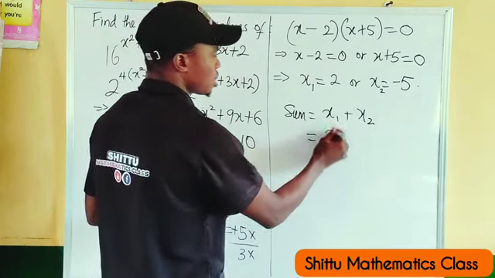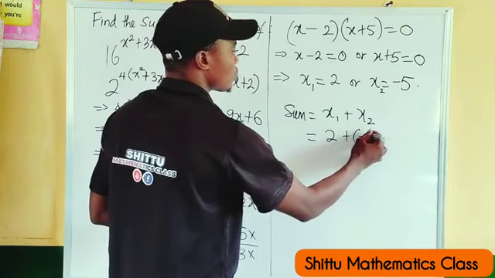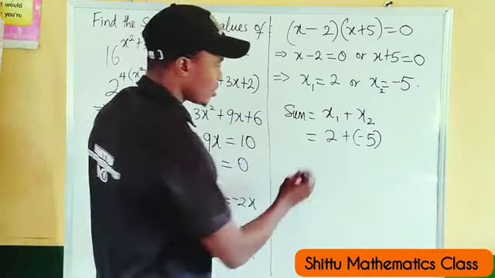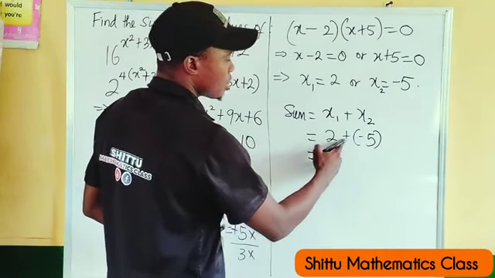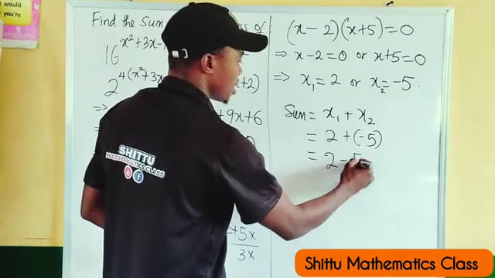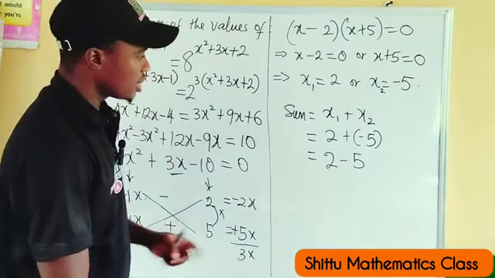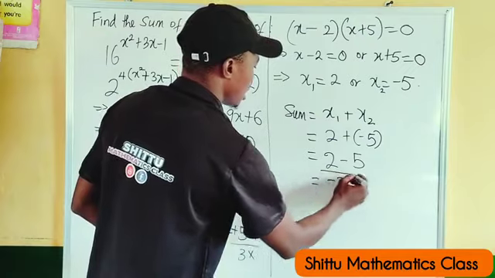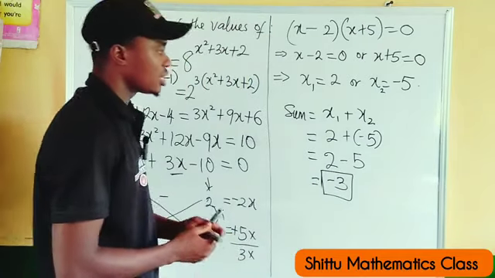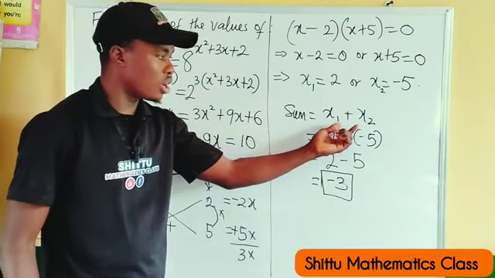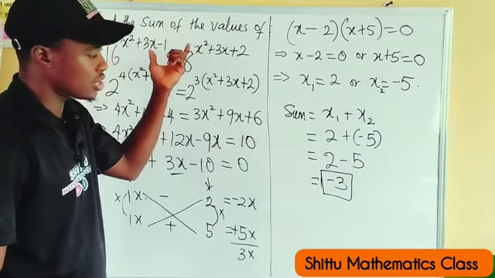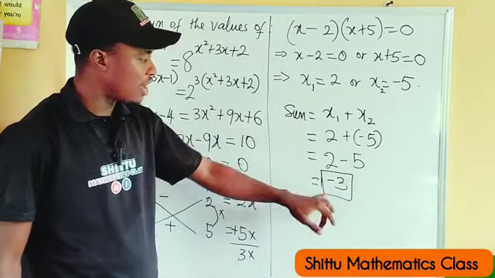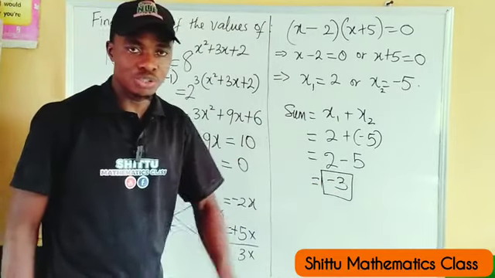Now x1 is 2, plus x2 which is minus 5. So from here we are going to have 2 plus times minus is minus, then we have 5. Are we there? So we have 2 minus 5 to be minus 3. And that is the sum of the two values, the values from solving this equation. So we have minus 3, and that's the solution to the problem.